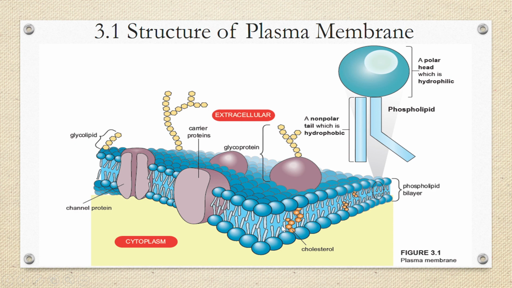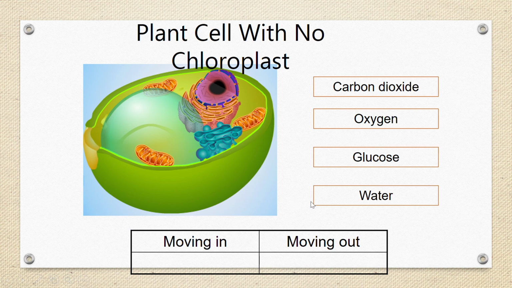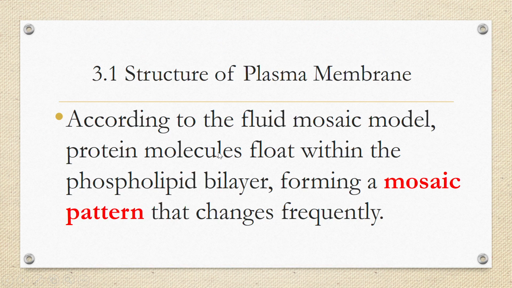But because of the presence of cholesterol, this will prevent the plasma membrane from being too fluid, and hence it stabilizes the structure of the plasma membrane. Okay, so that's it about the structure of a plasma membrane.